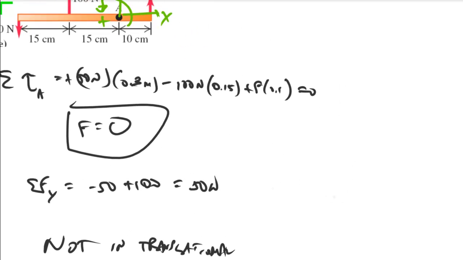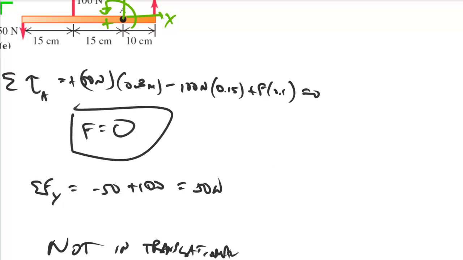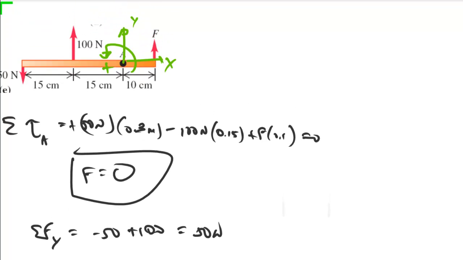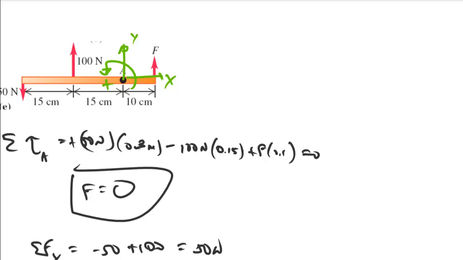So torque, easiest way to go about it. When we're dealing with torque on two-dimensional objects, torque itself is actually 3 dimensions, but that's kind of beyond the scope of this class.